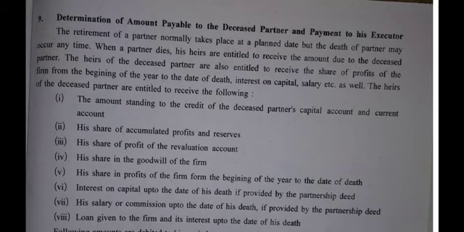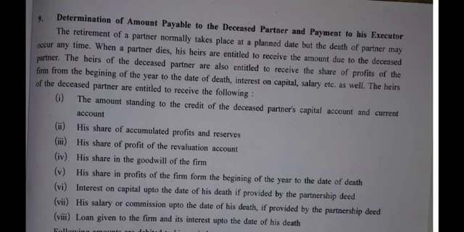Then, his share of accumulated profits and reserves. This could be general reserve, workman compensation reserve, investment fluctuation fund. Of course, you know this. What do we do with this? We distribute this among all the partners in old ratio.